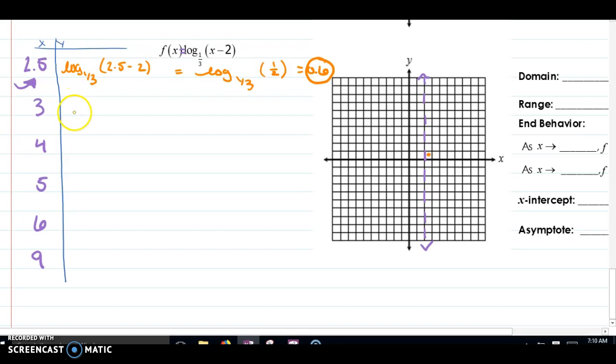So approximately right there. So closer to my asymptote, but you're going to need to draw the rest of the function afterwards. So now we're going to have log base 1/3 of 3 minus 2, which is log base 1/3 of 1. Anything with the big number 1 here is going to be 0. 1/3 to the 0 is 1. So that's 3, 0.